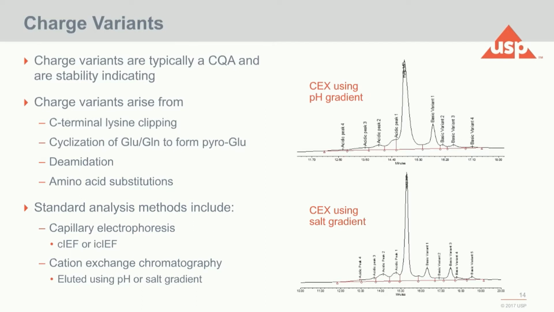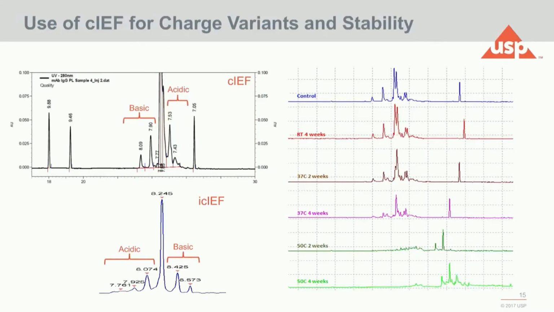The next slide shows capillary isoelectric focusing on, I believe, the same molecule. So the top spectrum on the left is a standard capillary IEF. So you see the basic peaks to the left and the acidic peaks to the right.